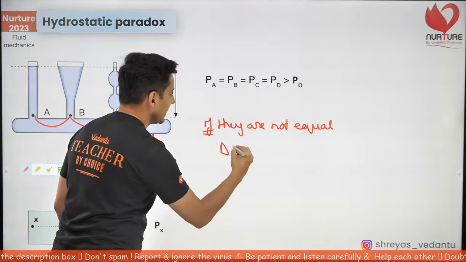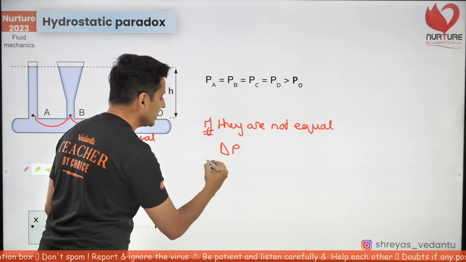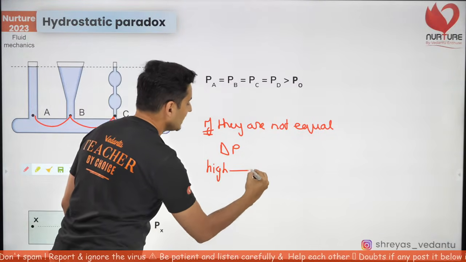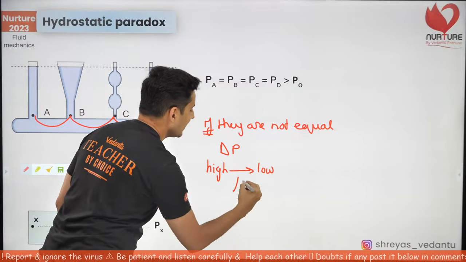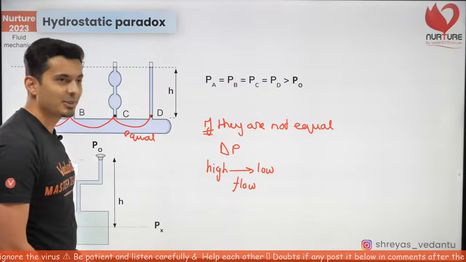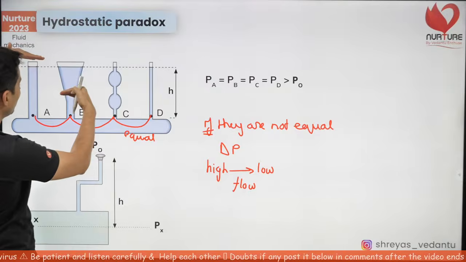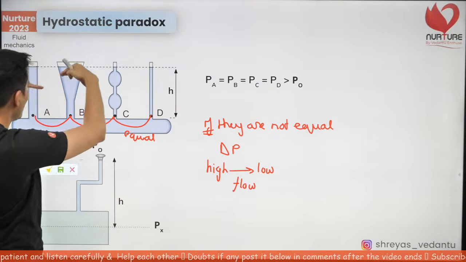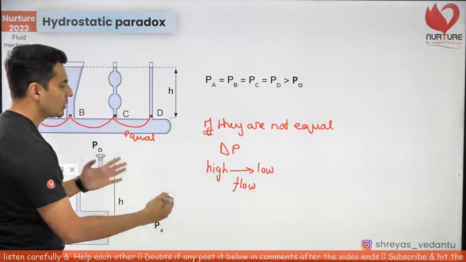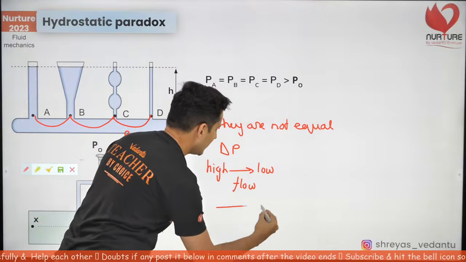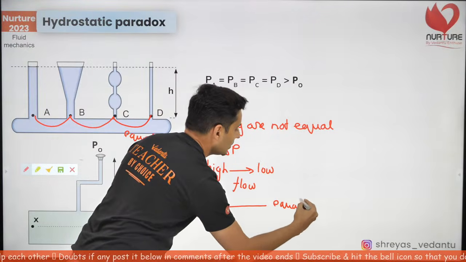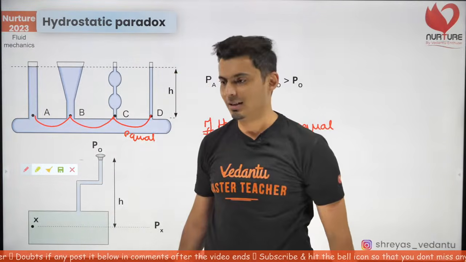There will be a pressure difference, and the moment there is a pressure difference, the liquid will start flowing from high pressure to low pressure. So if there is high pressure here and low pressure here, immediately the liquid will flow and equalize it. They will keep flowing till there is an equal height in all the containers.